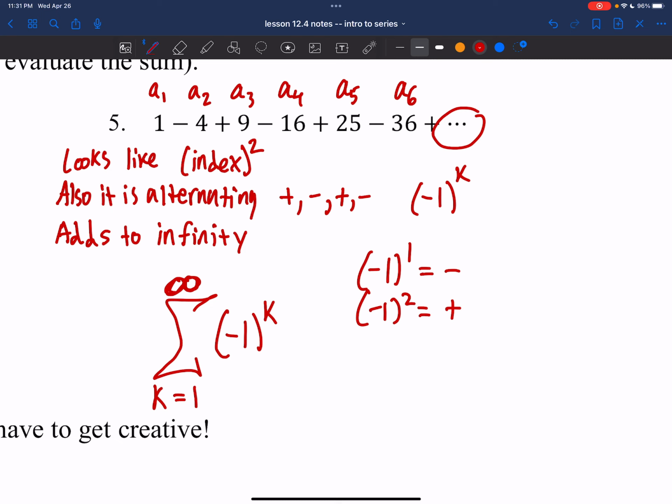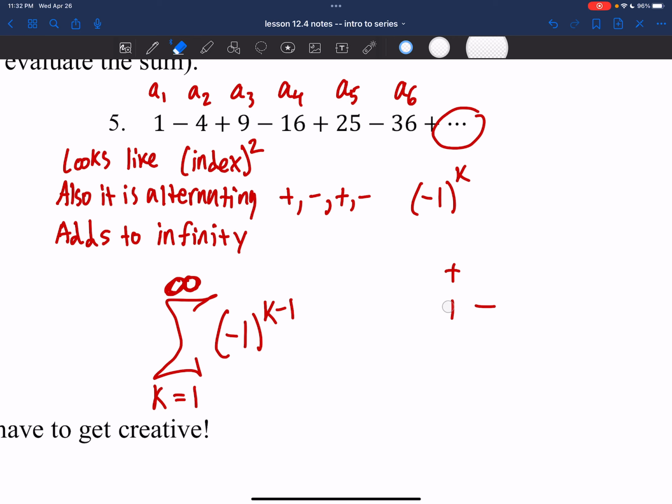One thing you could do is change the index so that it doesn't start at 1, so it starts at 0 or that it starts at 2. What I might say is negative 1 to the k plus 1, or maybe even minus 1. Plus 1 or minus 1 works. I'll do minus 1. Okay, 1 minus 1, then that's positive. 2 minus 1 gets you negative. So I'm going to write k minus 1 up here.